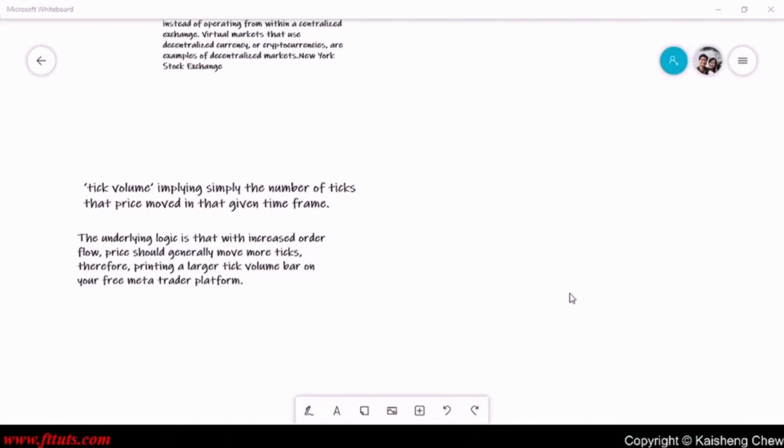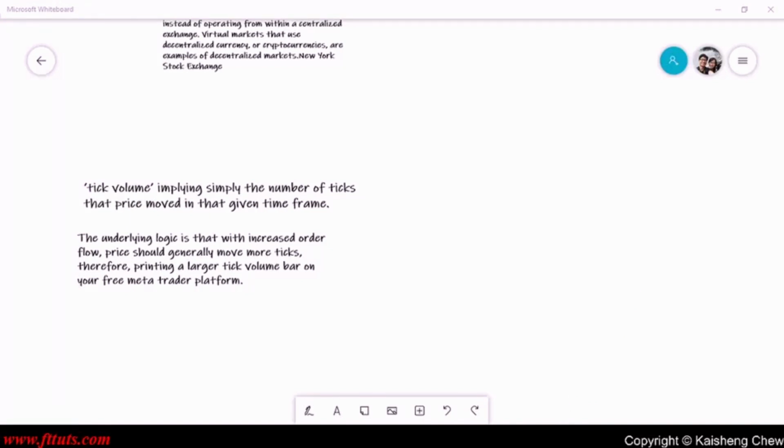Volume analysis is one very hot topic in forex because it is very controversial. People will say that volume is not reliable in the forex market because the market is decentralized.